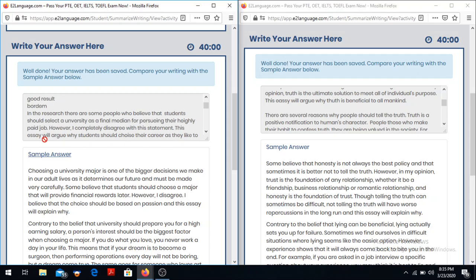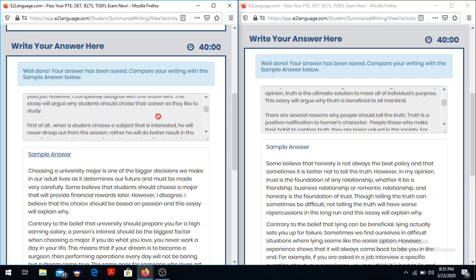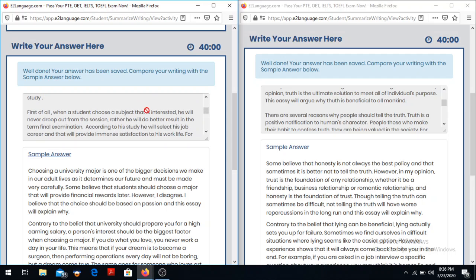This essay will argue why students should choose their career as they like to study. What I will describe in the first and second paragraph, I gave hints in the introduction. So first of all, when a student chooses a subject that interests him, he will never drop out from the session.